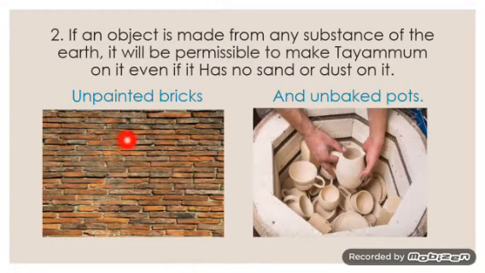So tayammum will be permissible on these things. For example, you can see unpainted bricks here. On these bricks tayammum can be made. In the same way, unbaked pots, as you can see here, you can make tayammum on these pots.